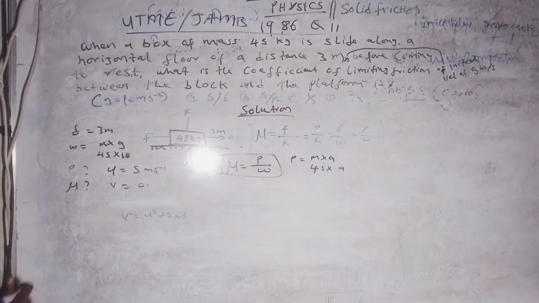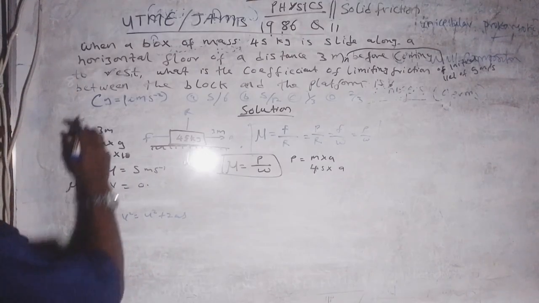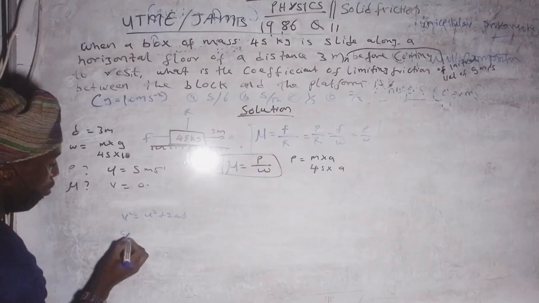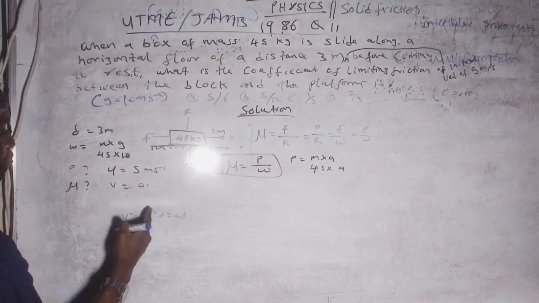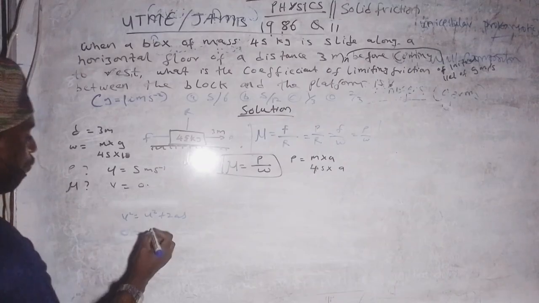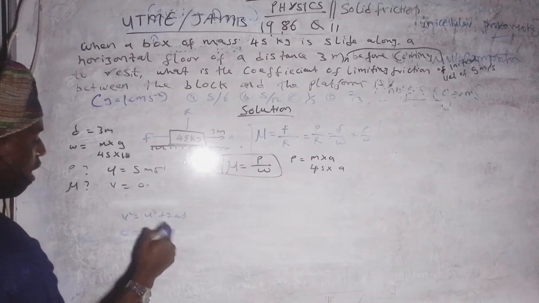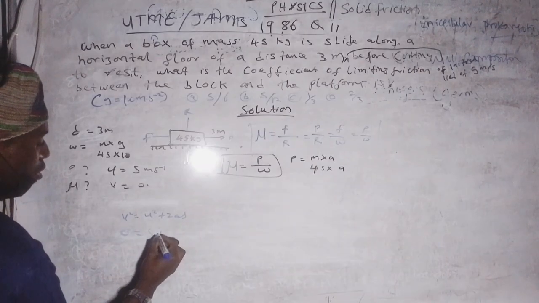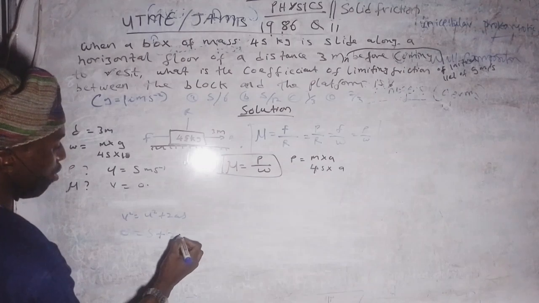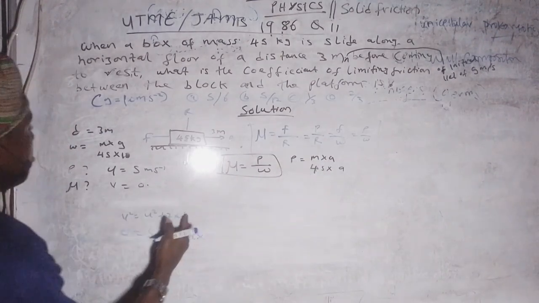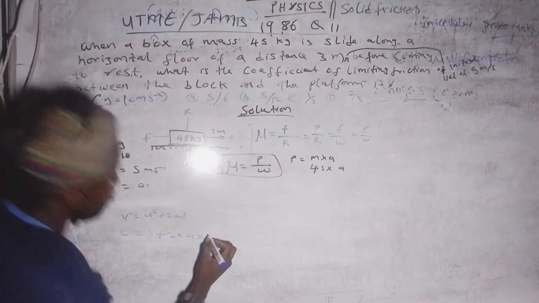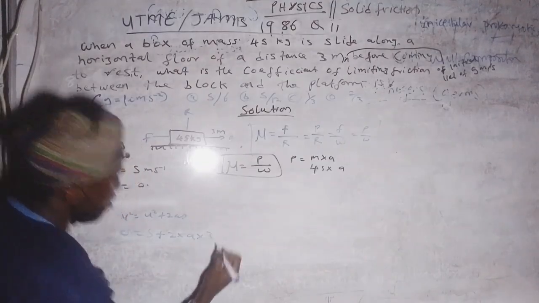If we want to use this now, what's our final velocity v? 0, right? What's our initial velocity? 5 meters per second. And 2 times what are we looking for? Acceleration, times what's our distance? Distance s is 3 meters.